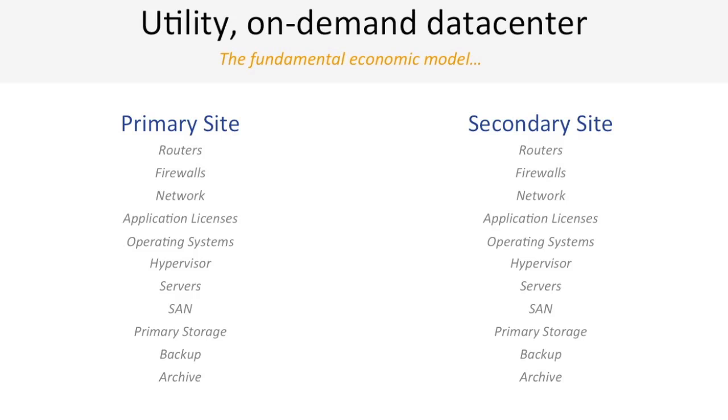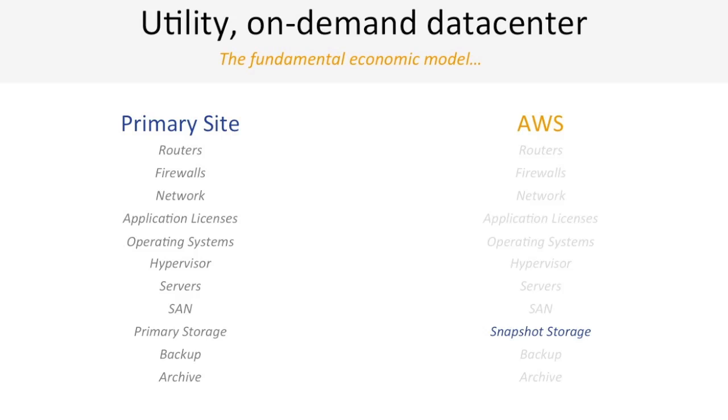Now within AWS, the basic principle is that most of that can be turned off or not required in terms of physical kit. And ultimately it could boil down to one thing, which is storing something called a snapshot. So a snapshot to us is a state of a running system that can be stored in our storage platform and then turned on as a running system as required.